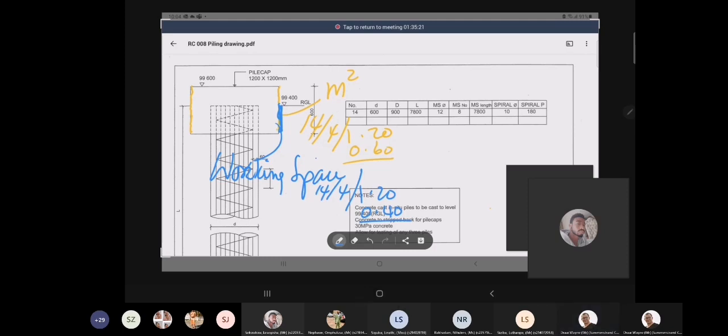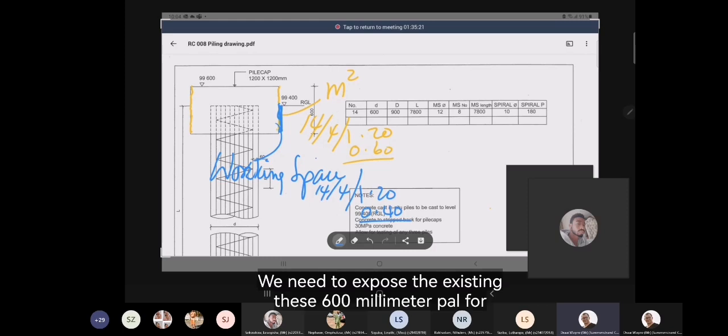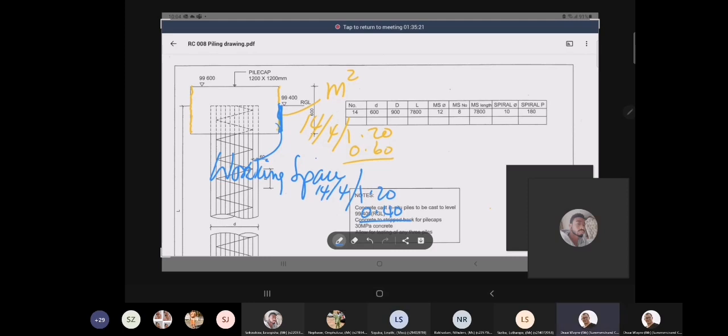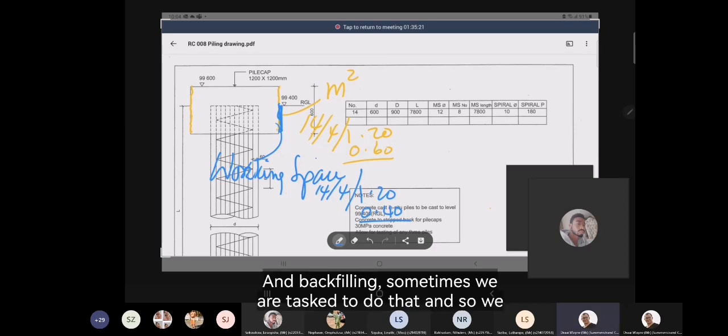Right? We need to expose the 600 millimeter pile for inspection, including the excavation 6 meters deep into the earth and backfilling. Sometimes we are tasked to do that, and so we will state that, and we will measure.